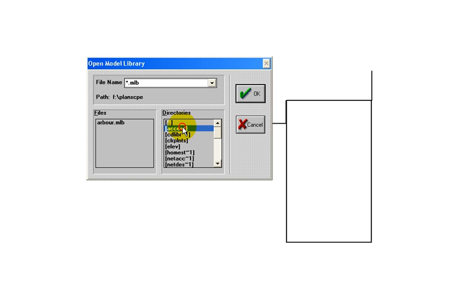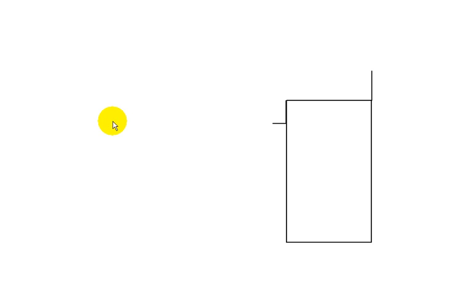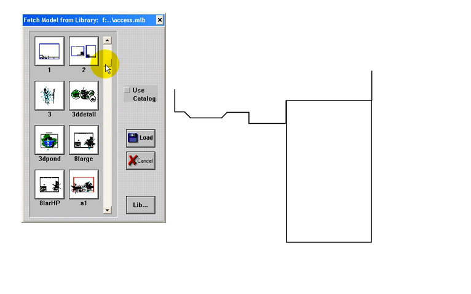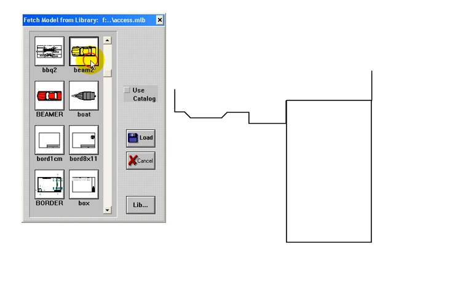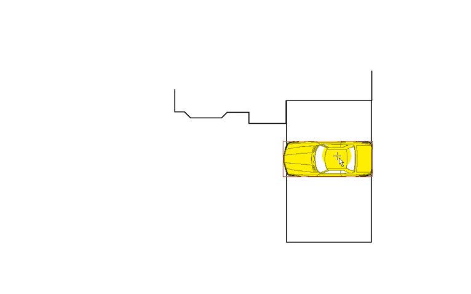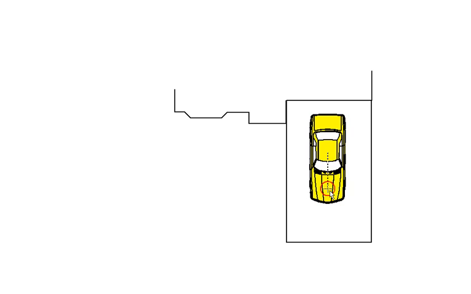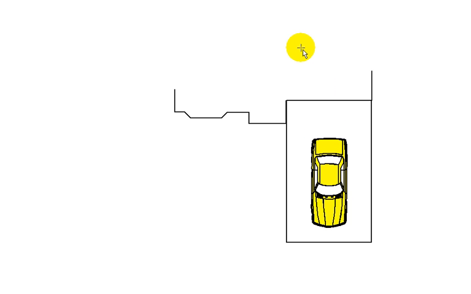We're going to fetch a little model here just to kind of put things into perspective for you. I have a little BMW we could stick in the driveway just to give you a little bit of an idea of the size of the property. What we want to do is take the walkway, which is here.